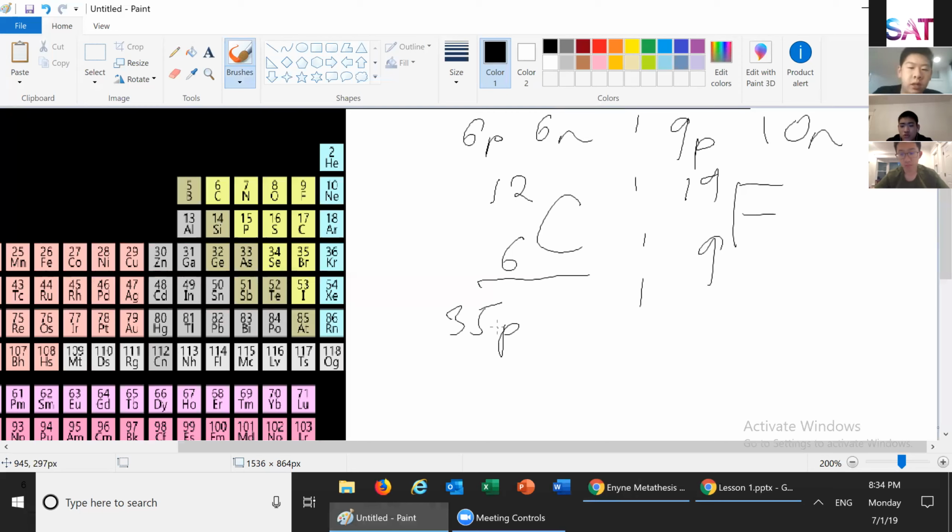So the neutrons can determine whether this element is stable or not, right? That's determined by a large number of factors. If you want, you can read into the nuclear shell model. Basically, for the lighter elements, you want to have a proton to neutron ratio of approximately 1.